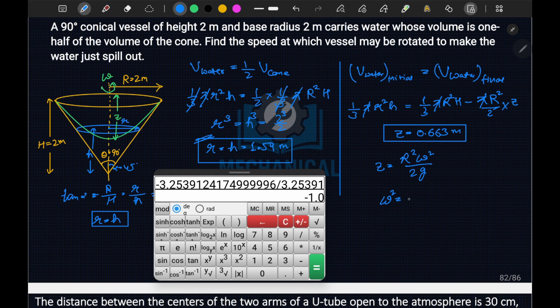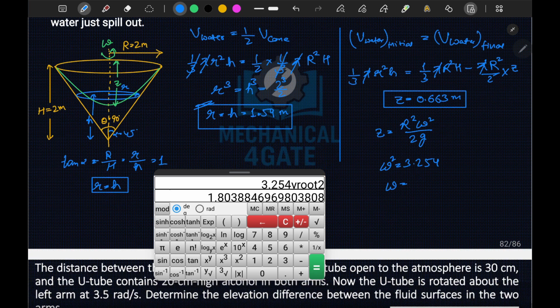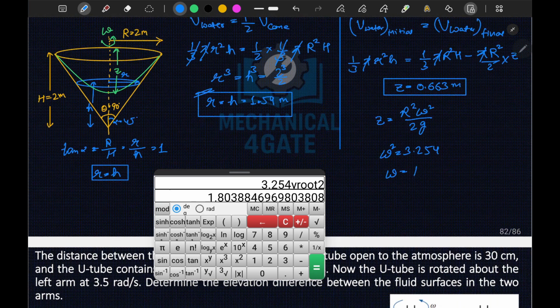So omega square is equal to 3.254. Omega is equal to the square root of 3.254, which is given by omega equal to 1.8 radian per second.